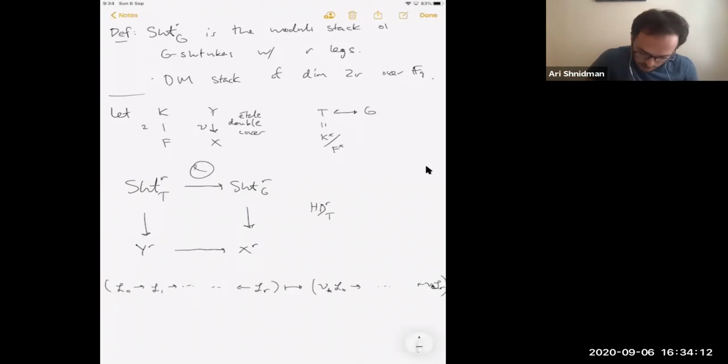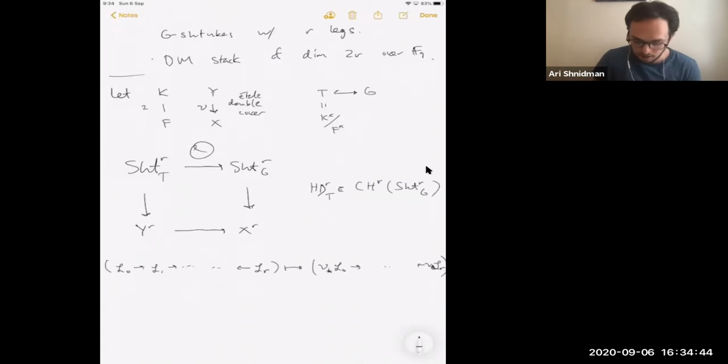And this is essentially just the image of this map in some sense. It's the push forward of the fundamental class. This lives in the Chow group of dimension R, or codimension R, it's the same thing, in Shtuka^R G. So this is a codimension R or a dimension R algebraic cycle on the 2R dimensional stack Shtuka^R G, essentially just by looking at the image of this map theta in this space.